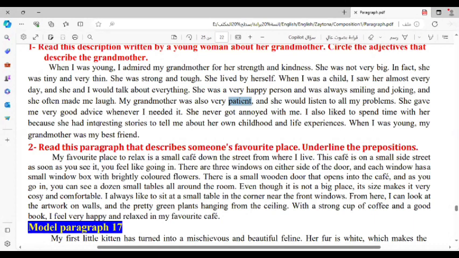Interesting. Interesting stories. It is used to describe the stories of my grandmother. Maybe we can also say my best friend, which is like an adjective to describe that person as loyal or good.